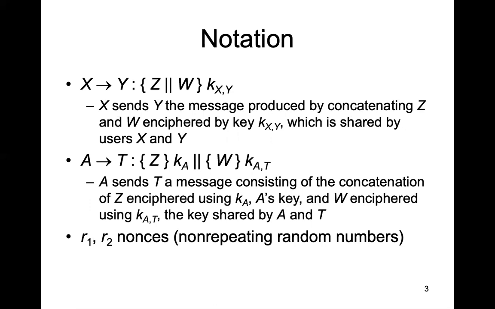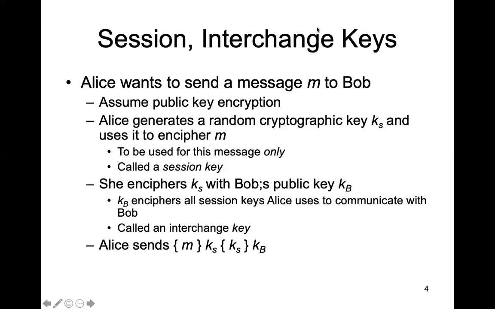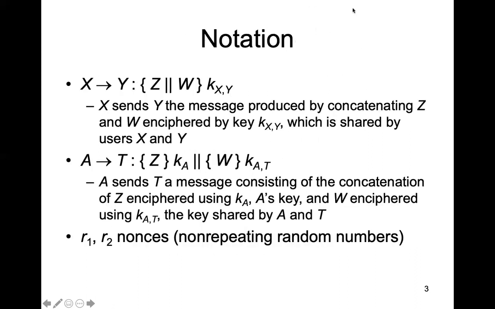So, for example, if I say X arrow Y, that means a communication from X to Y. X is sending some sort of message to Y, and the precise message that is sent is shown after the colon. So the message in this particular case is shown in this notation. This is actually an encrypted message.